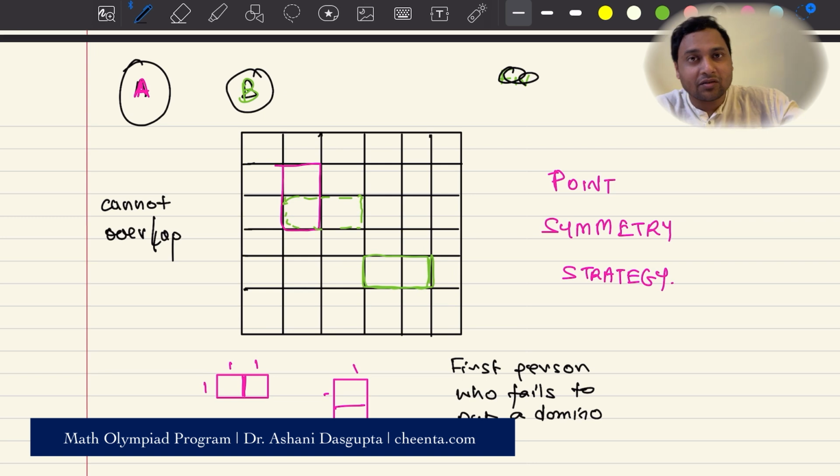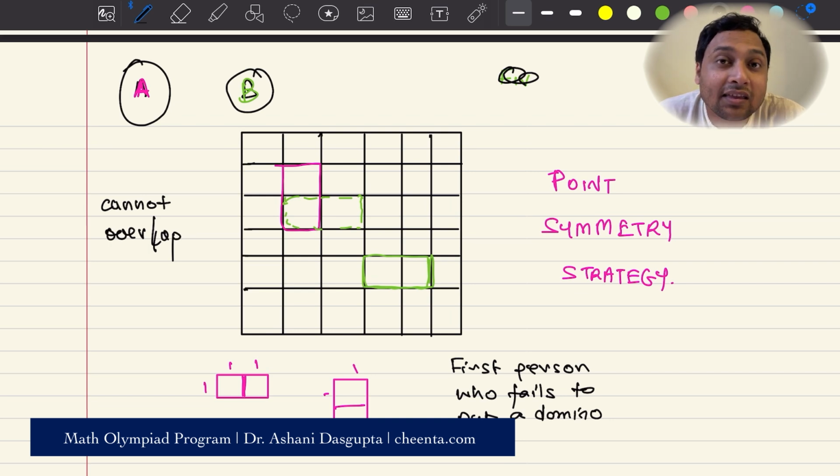So I put a domino, you put a domino, I put again, you put again, and after a certain amount of time, there is no more space on the board to place any more dominoes without overlapping. Then the person who is the last one to actually place a domino properly will win the game, and the other person, who is unable to put any more domino on the board, loses the game.